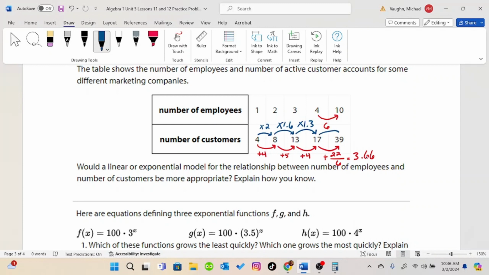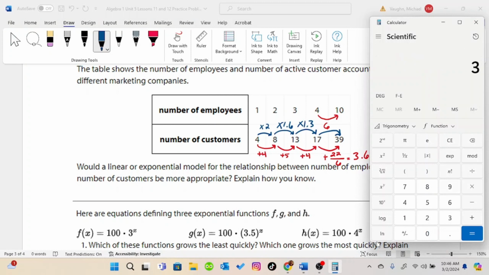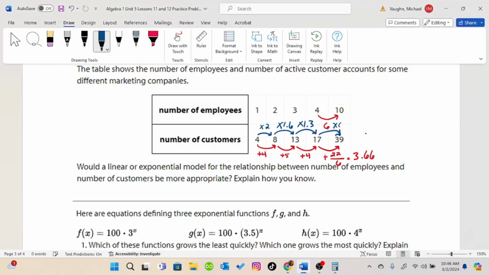And to go from 17 to 39, that's 39 divided by 17. But that's over the span from 4 to 10, so we need to divide that by 6. That's an average of 0.4. So we are nowhere close to multiplying by the same thing every time.